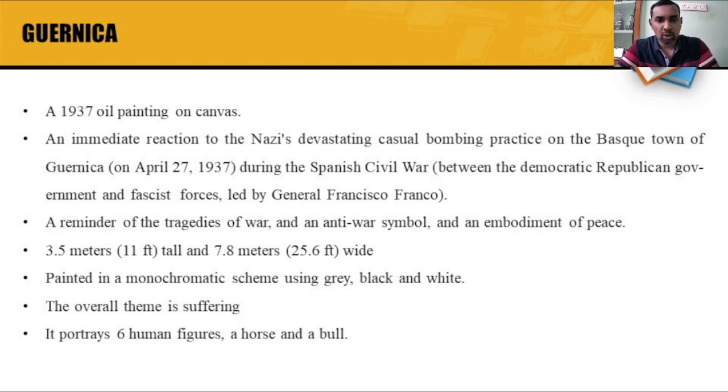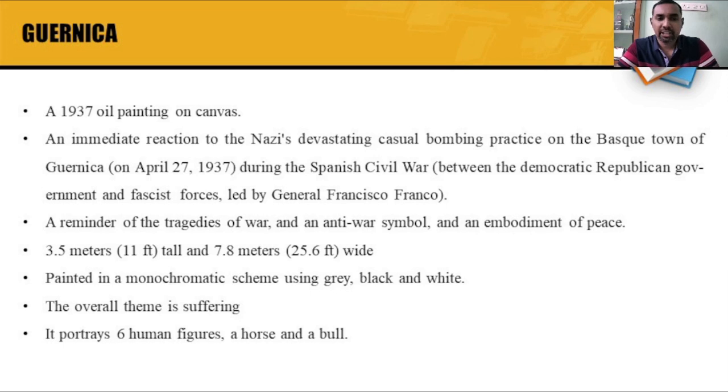It should also be noted that Picasso was actually commissioned by the newly elected Spanish government to paint an artwork for the Spanish pavilion at the 1937 Paris World's Fair, though the catalyst was the German bombing of Guernica.